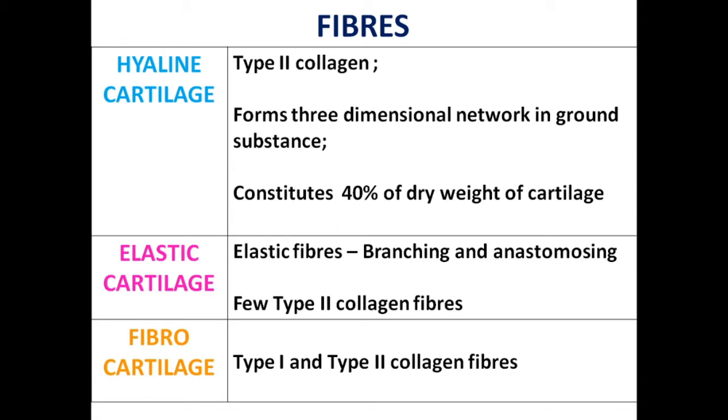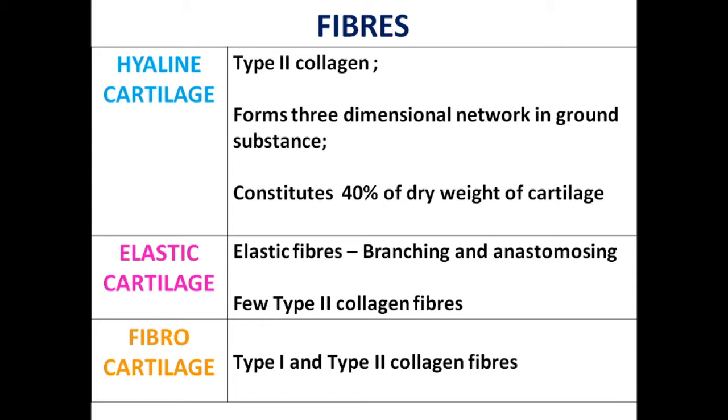Now elastic cartilage, so the name itself says elastic, so the fibers which are present here are the branching and anastomosing fibers of elastin, that is the elastic fibers. Although yes, there will be a few collagen fibers present, the main constituent of the fibers in the elastic cartilage is elastic fibers.